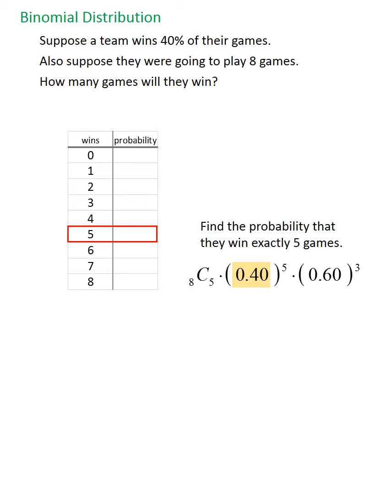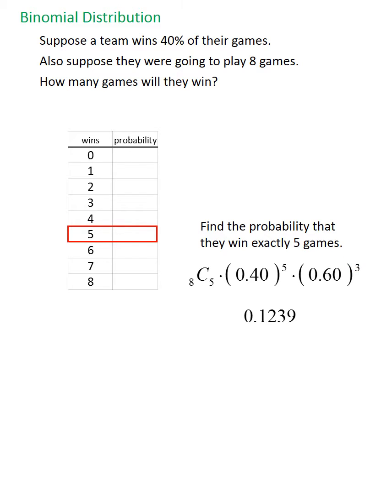Here's the probability of winning any individual game, raised to the power of 5 games. Here's the probability of losing any individual game. If you have a 40% chance of winning a game, you therefore have a 60% chance of losing. Raised to the 3rd power, which represents the number of losses in the scenario of 5 wins out of 8.